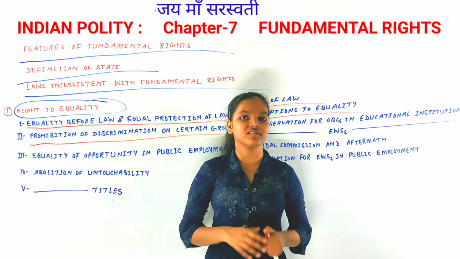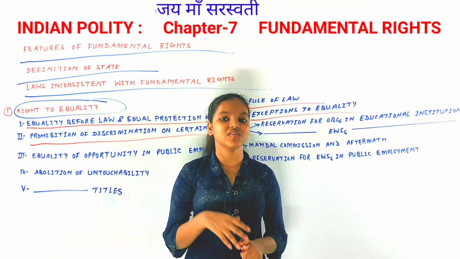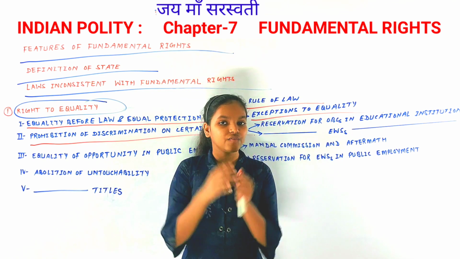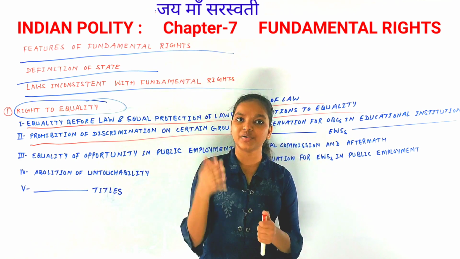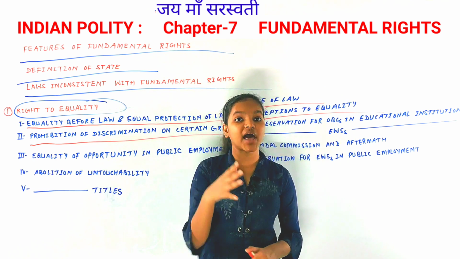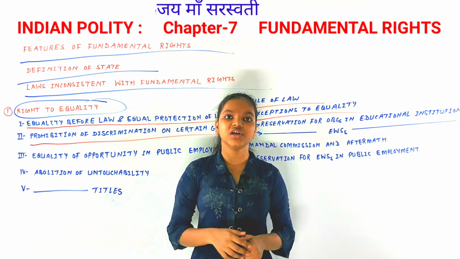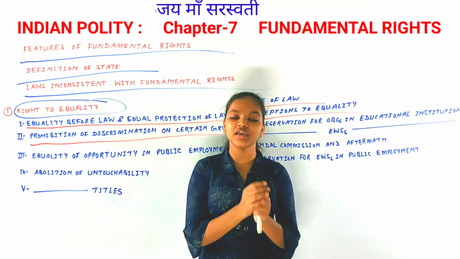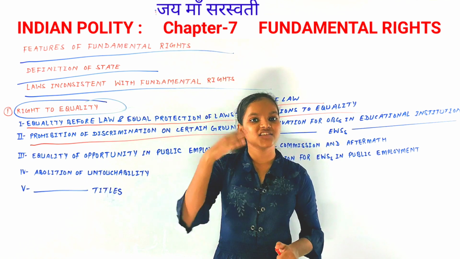And fourth and last, Parliament has made provisions for reservation of economically weaker sections up to 10% in educational institutions, including private institutions, but except minority educational institutions. So you can see that there are some exceptions to it.